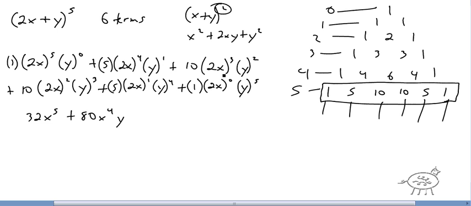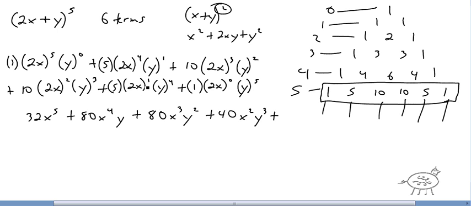2 cubed is 8, times 10 is 80. 80x cubed, y squared. Okay, 2 squared is 4, times 10 is 40. So plus 40 x squared, y to the 3rd.